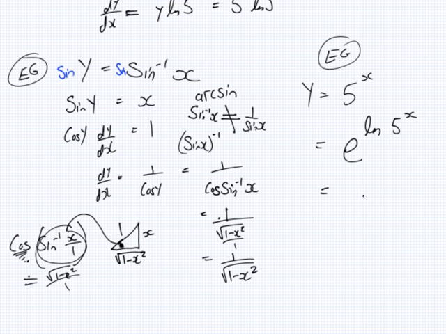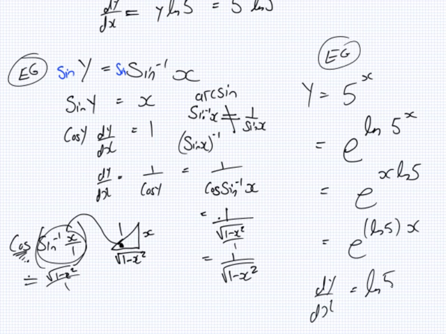You can change this into e x log 5, or rather e log 5x. This is like e kx. The derivative of e kx is basically the log 5 comes down in front, and you're left with e log 5x.